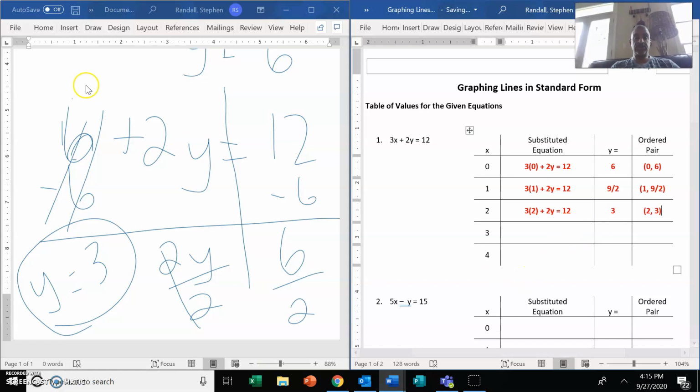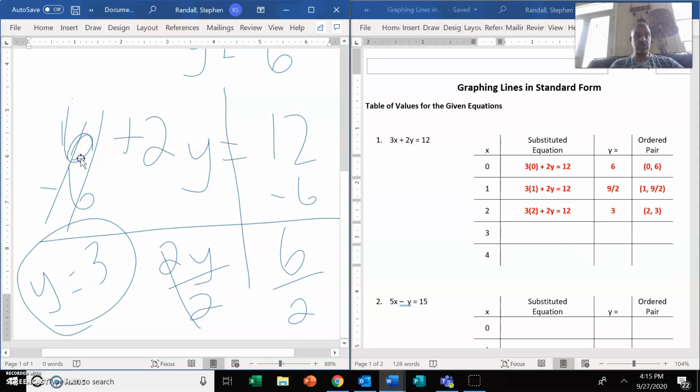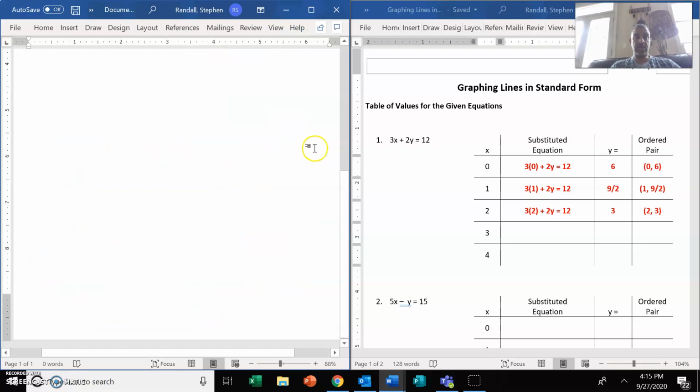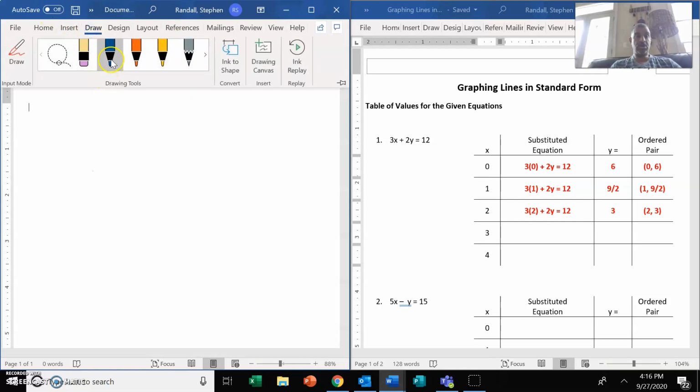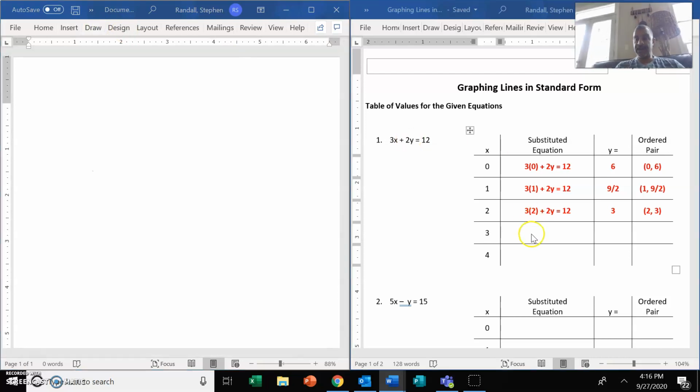Okay? So we have to do this 2 more times. I think I got all of it there, didn't I? Yes. All right, so let's draw in orange this time just because I feel like it. If I substitute in the 3, it's 3 times 3 plus 2 times y equals 12. And 3 times 3 is 9.